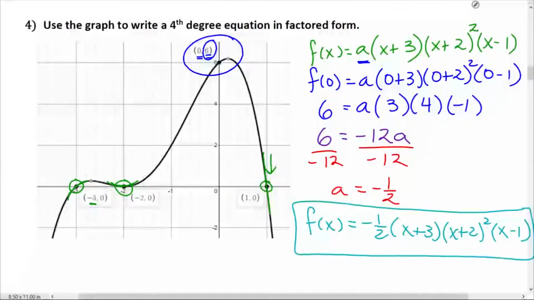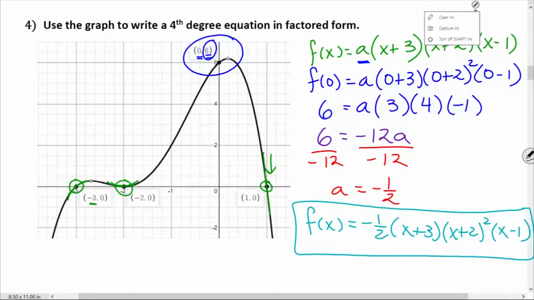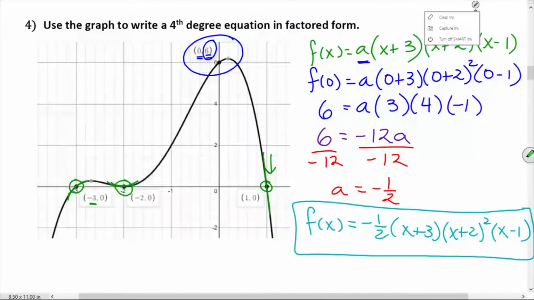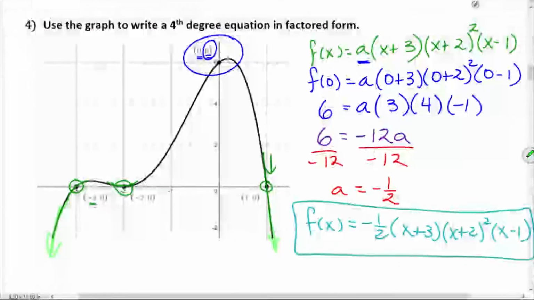Now, before we say, yep, I am totally done, this is my answer, moving on, I think it's really helpful to double check our answer based on end behavior. Looking at the end behavior here, this is going down and down. I know from my video on end behavior that happens when I have an even multiplicity.